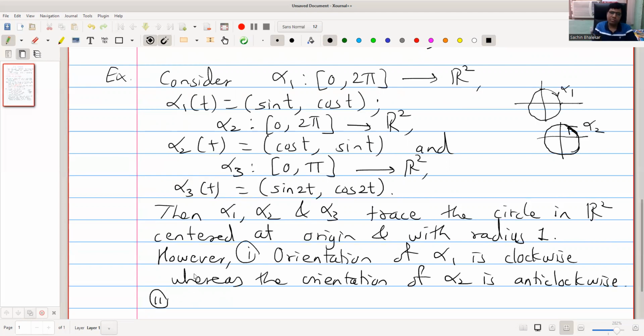So we can have different orientations, or different directions. Next thing, we can compare alpha 1 and alpha 3. The orientation is the same. As you can see, the orientation of alpha 3 is also clockwise.